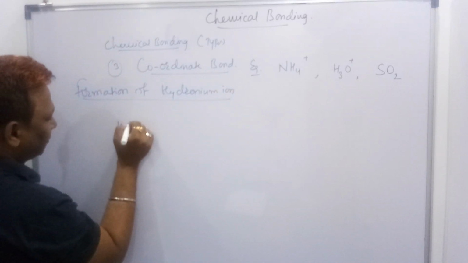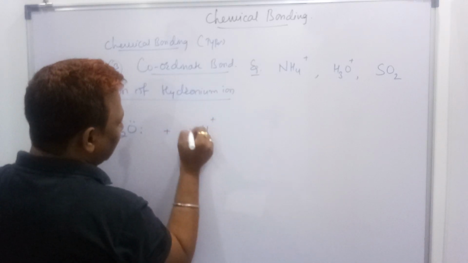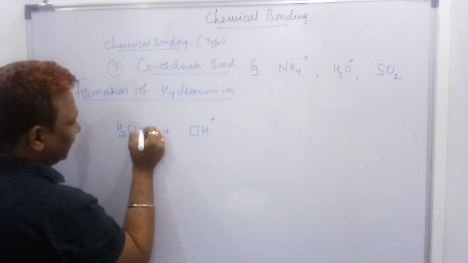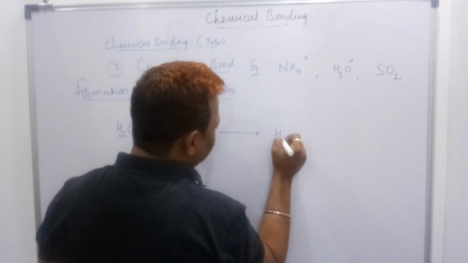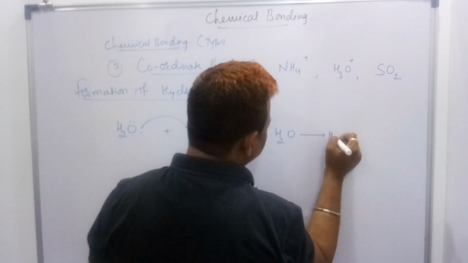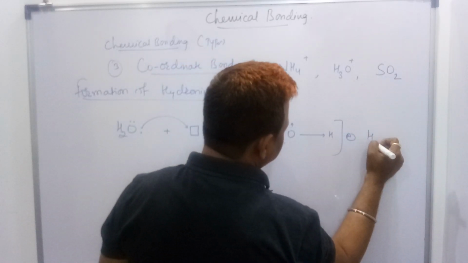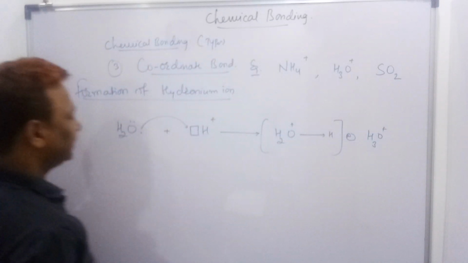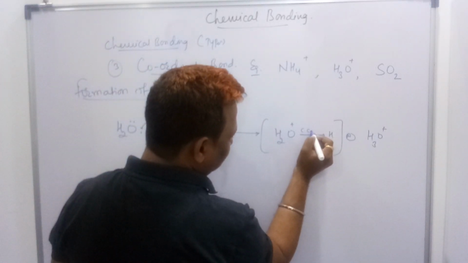That is, in the water molecule, oxygen atom is having two lone pairs, and the hydrogen ion has a vacant orbital. Oxygen will donate its electron pair to the vacant orbital of H plus ion, and form a dative bond towards here and have a positive charge over oxygen, which can be written as hydronium ion. Here oxygen is the donor atom, H plus is the acceptor, and the bond is called a coordinate covalent bond.